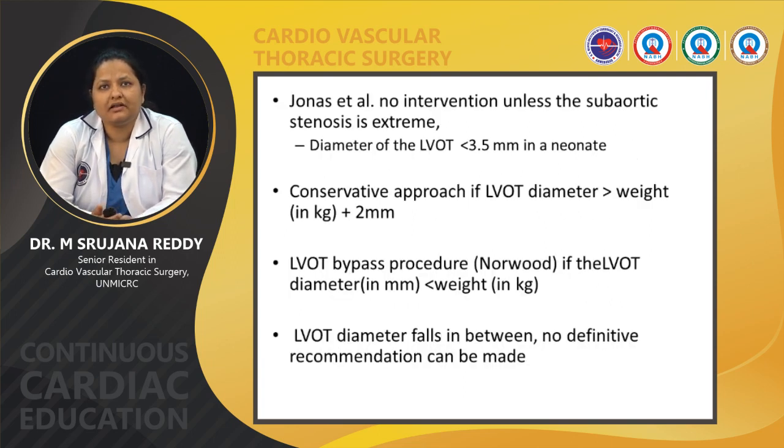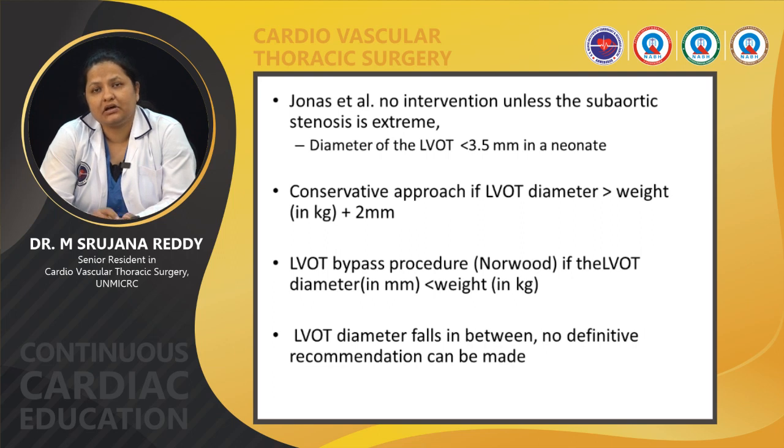Jonas et al. have postulated that there is no intervention unless the subaortic stenosis is extreme, that is less than 3.5 mm in a neonate. Other authors have also recommended a conservative approach if the LVOT diameter is greater than the weight in kgs plus 2 mm.